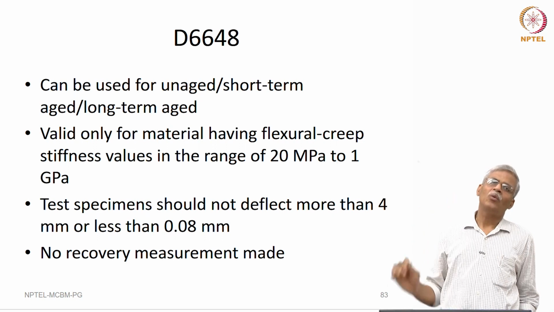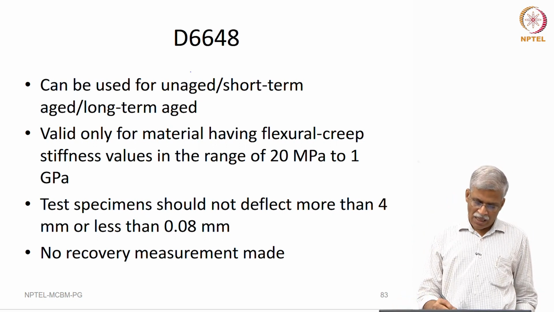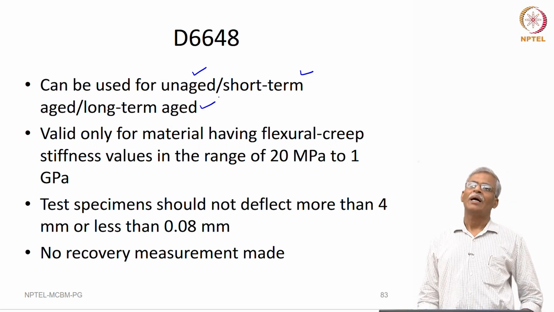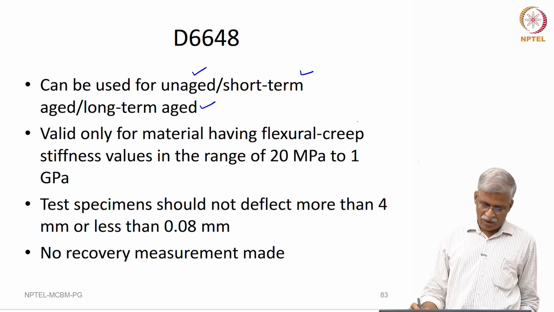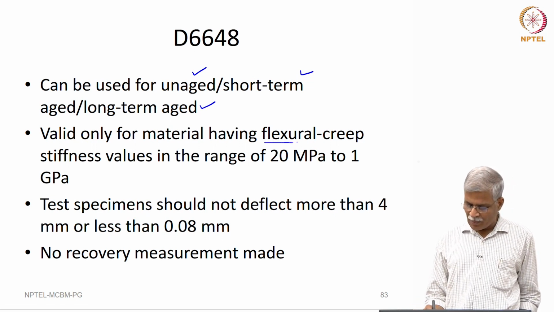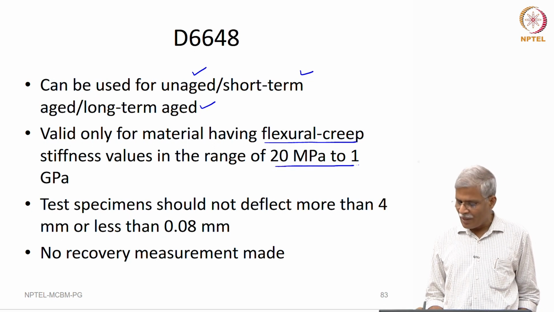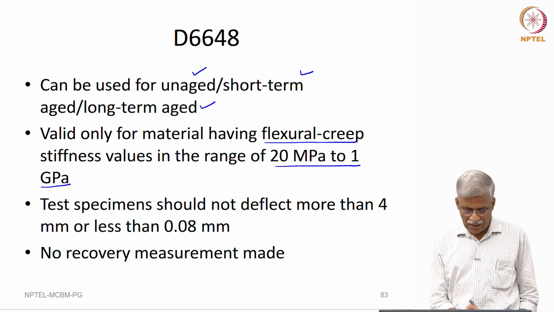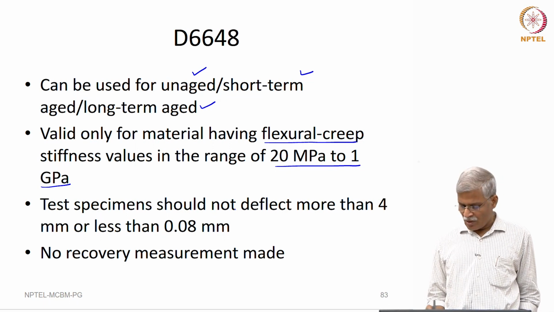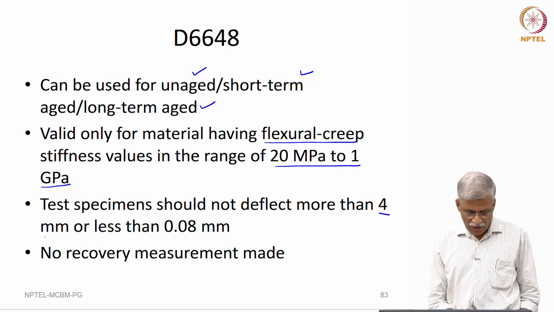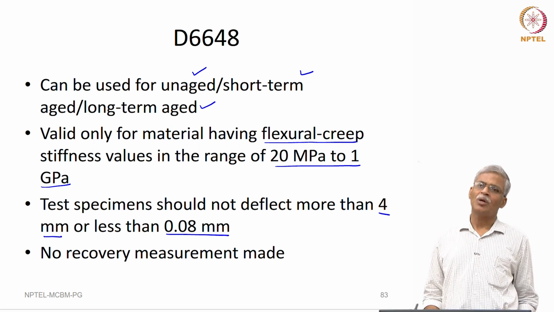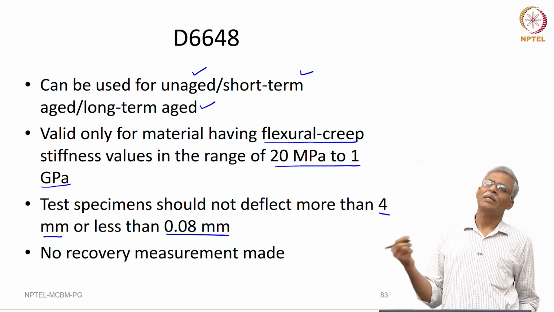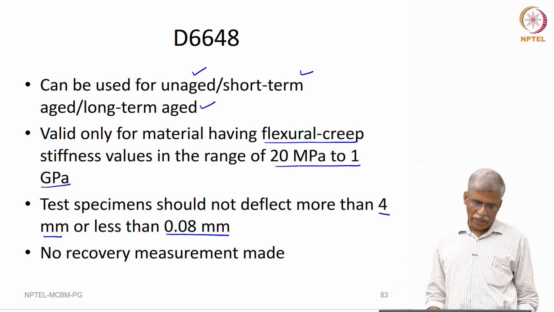Okay. So now we can use this standard for unaged, short term aged as well as long term aged binders. It is also very clear that we can use this only if the flexural creep stiffness is in the range of 20 megapascal to 1 gigapascal, and the test specimen should not deflect more than 4 mm, or less than 0.08 mm.